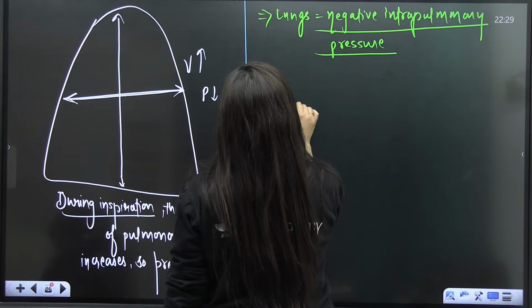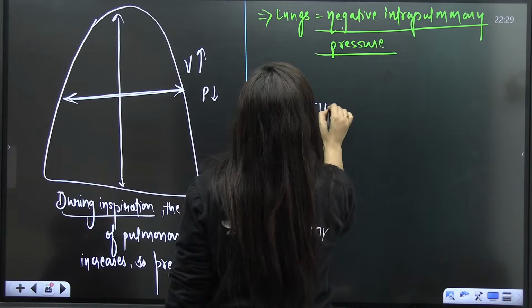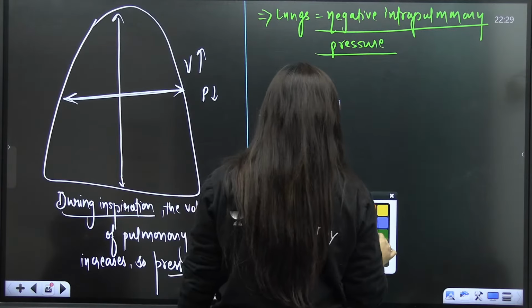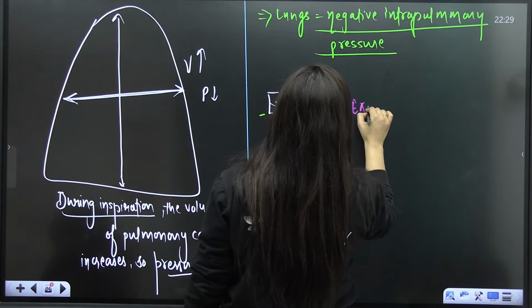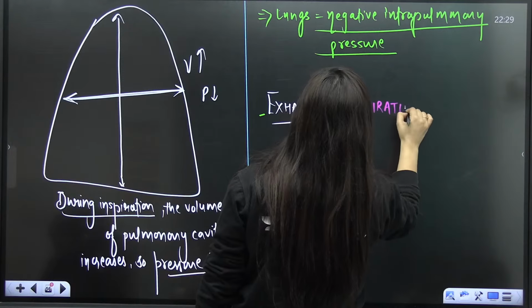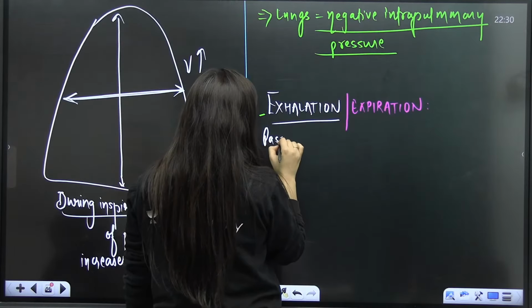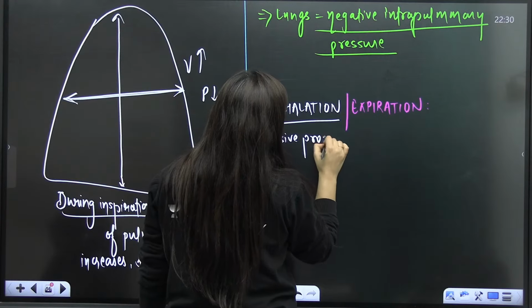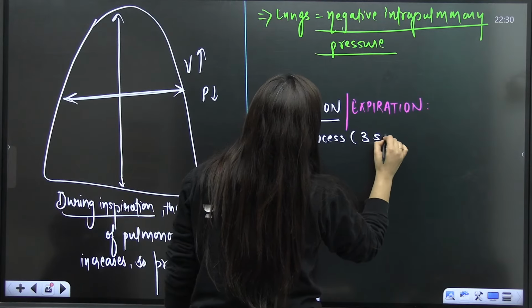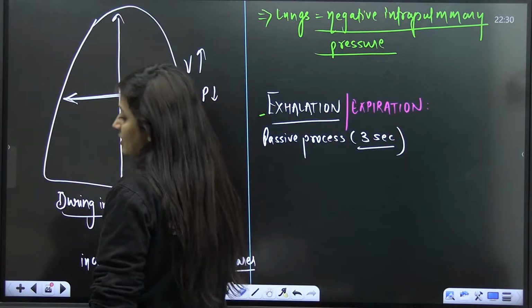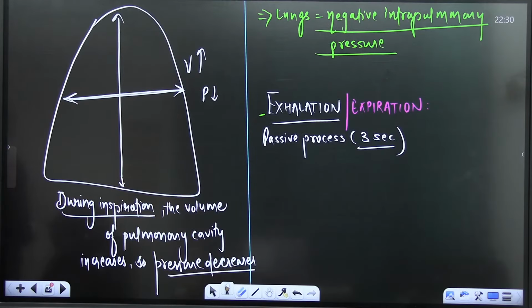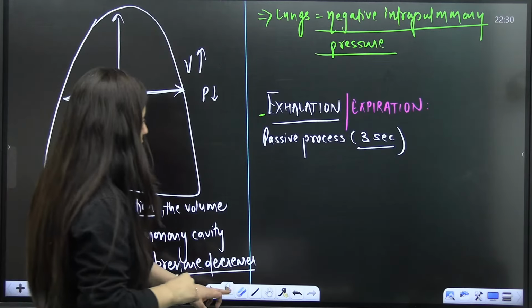Next is exhalation. That is again expiration. So when there is a normal exhalation or normal expiration, students, it is a passive process. It will go for 3 seconds. So what's going to happen here?